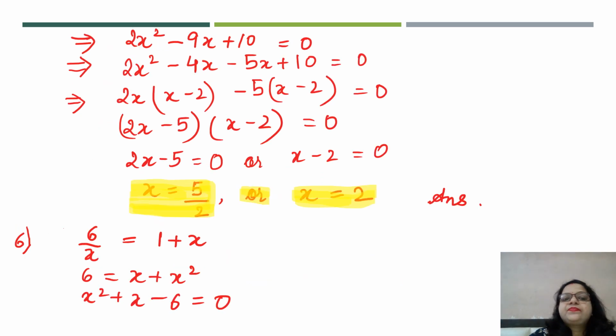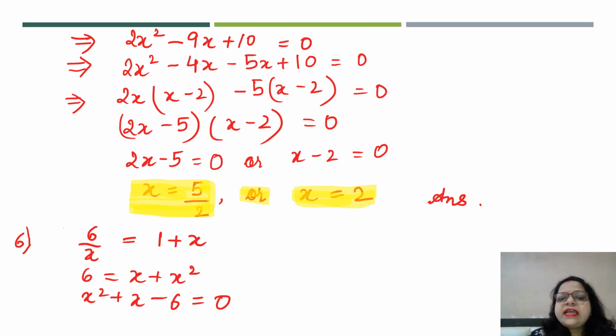Coming to the next slide. 2x square minus 9x plus 10 is equal to 0. Then we have to find two numbers whose product should be 20 and that add up to minus 9. So we will take minus 4 and minus 5 here as the factors. 2x square minus 4x minus 5x plus 10 is equal to 0. 2x into x minus 2 minus 5 into x minus 2 is equal to 0.